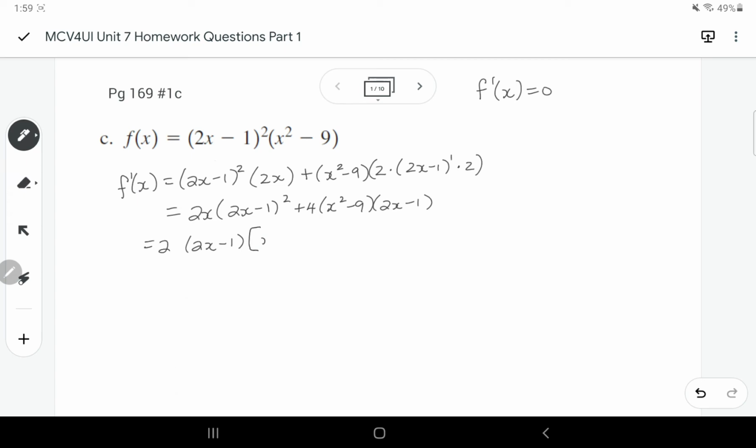So then here I have x times (2x minus 1), and here I have plus 2 times (x squared minus 9). So I have 2x minus 1, and here I get 2x squared minus x plus 2x squared minus 9.